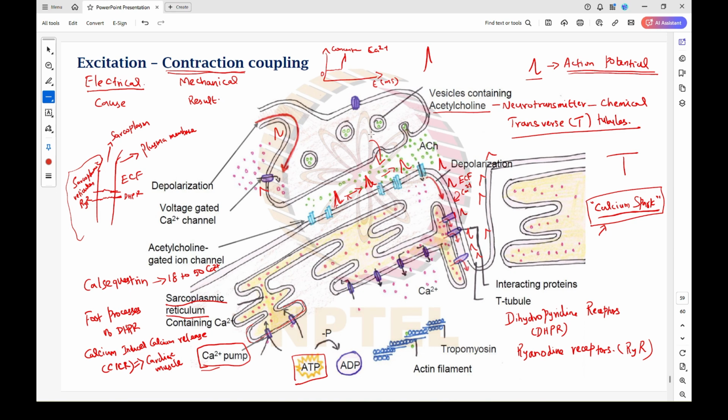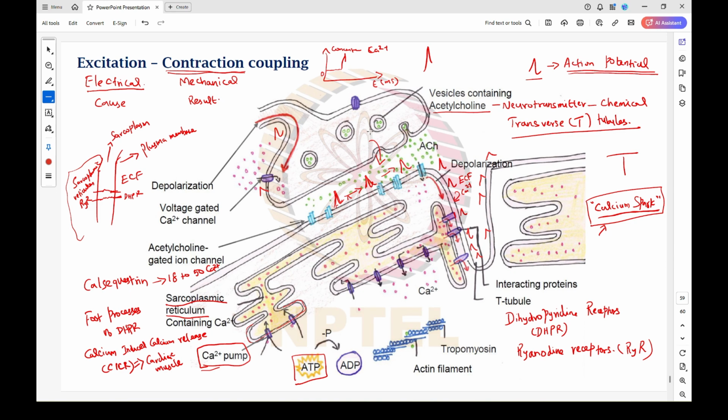The synapse near the neuromuscular junction has vesicles which have acetylcholine in them, which is the neurotransmitter that is going to transmit the information. There is a signal and the muscle needs to contract. So this is basically a chemical signal.